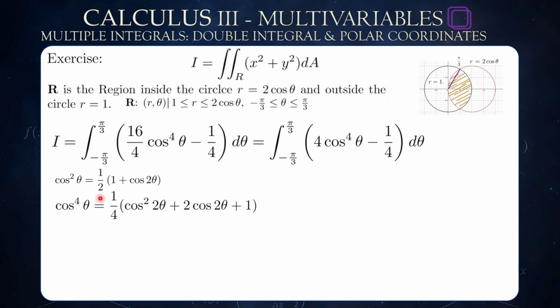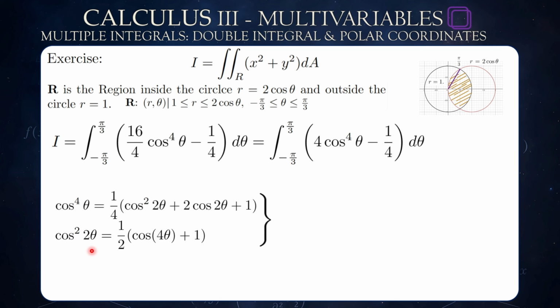Cosine square theta again is equal to 1/2 (1 plus cosine 2 theta). Then cosine to the 4th theta is equal to cosine square times cosine square, or 1/2 times 1/2, or 1 divided by 4, times (1 plus cosine 2 theta) squared, which gives us 1/4 (cosine square 2 theta plus 2 cosine 2 theta plus 1). Again, you have another square for 2 theta, so we need to break it down.